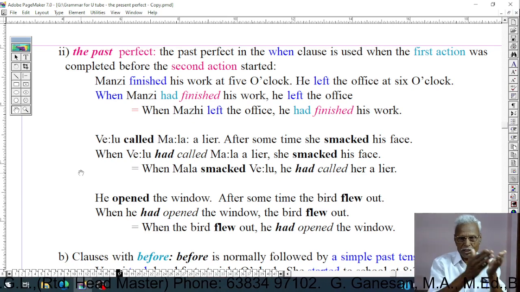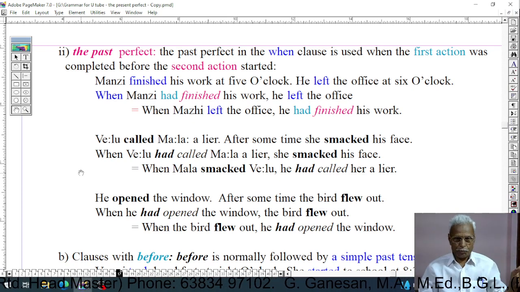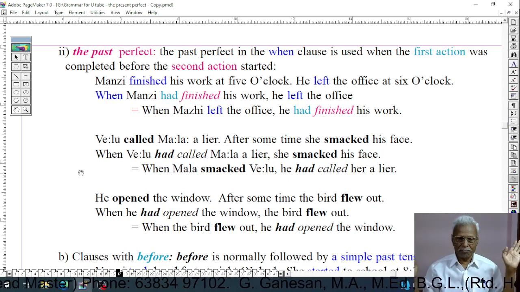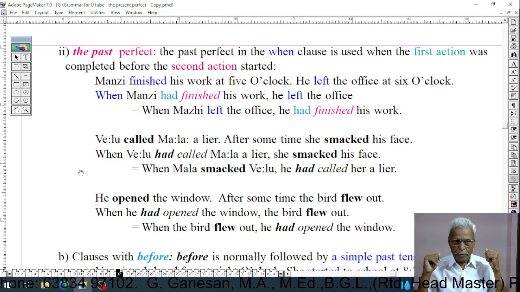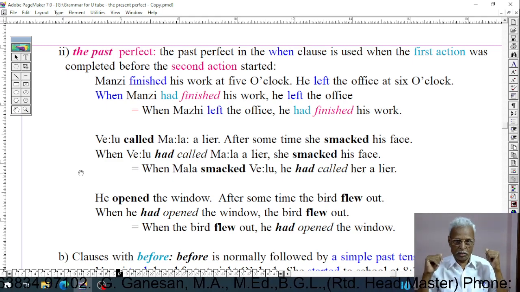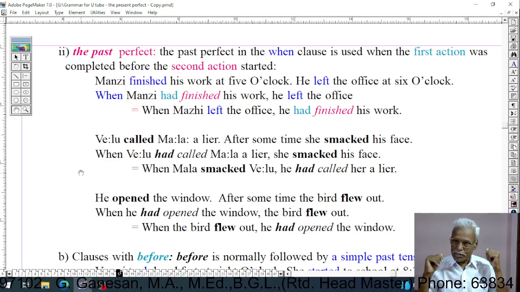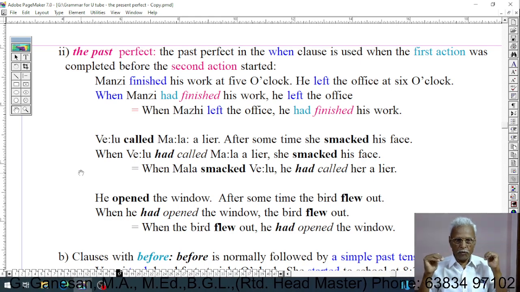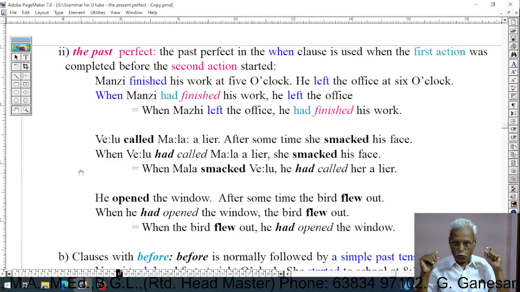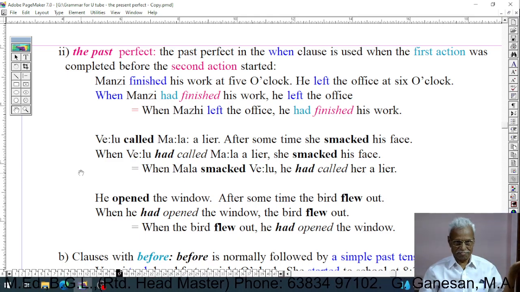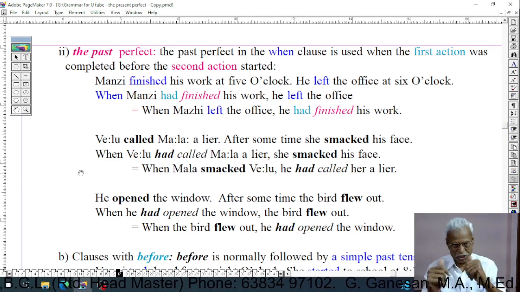The past perfect and the simple past can be expressed using when as we like. You see, Mani finished his work at 5 o'clock. He left the office at 6 o'clock. When Mani had finished his work, he left the office. When Mani left the office, he had finished his work. In either way you can do it.